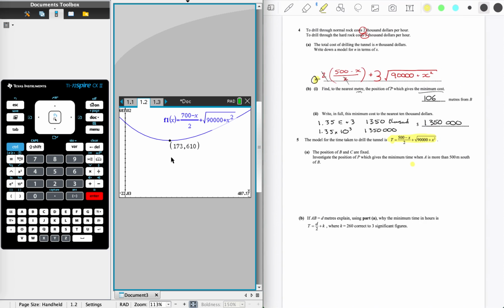So investigate the position of P. We need to write this out somehow and communicate what we've just done.